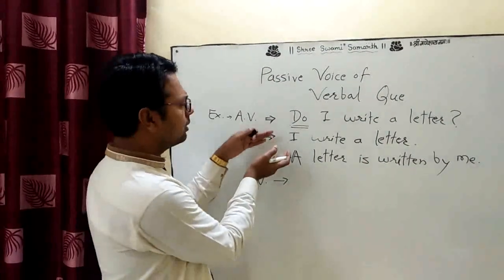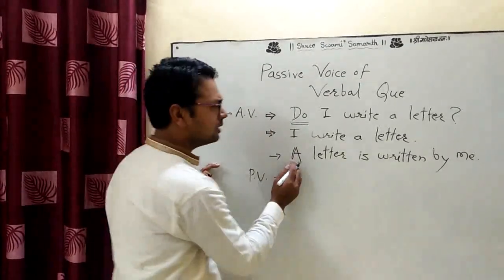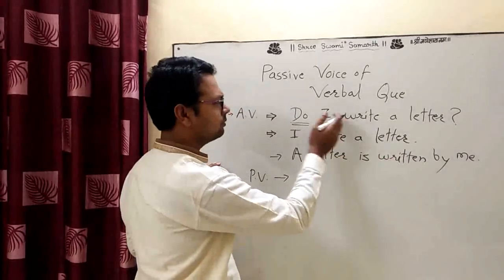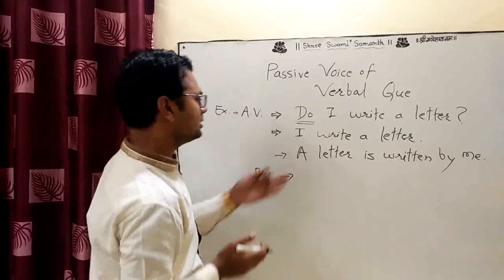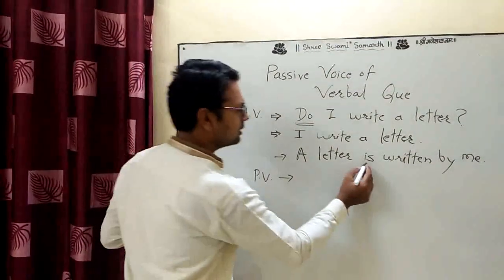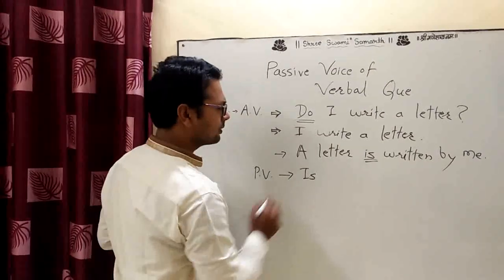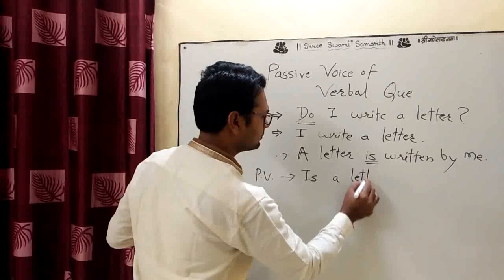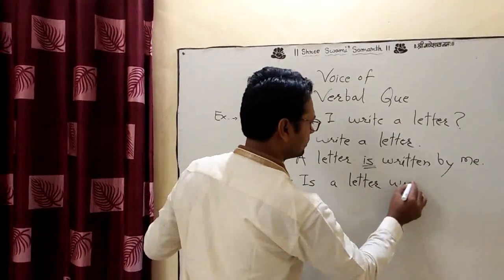But we want the passive voice of verbal question. We just made the passive voice of a simple sentence, assertive sentence. But we want the passive voice of verbal question. That's why now we change into the verbal question. There is a helping verb in the sentence, is. Just write down is. Then the object, letter. Then the verb.